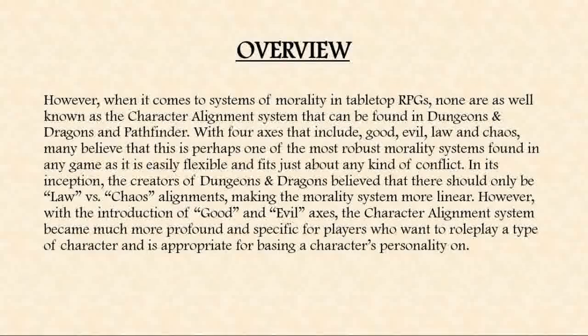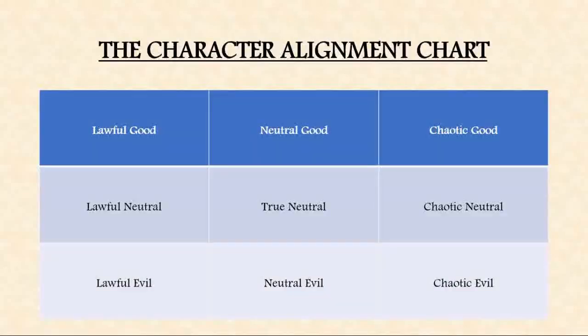In its inception, the creators of Dungeons & Dragons believed that there should only be law versus chaos alignments, making the morality system more linear. However, with the introduction of good and evil axes, the character alignment system became much more profound and specific for players who want to roleplay a type of character, and is appropriate for basing a character's personality on.